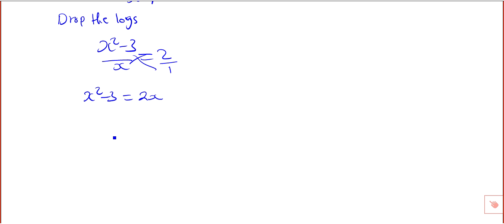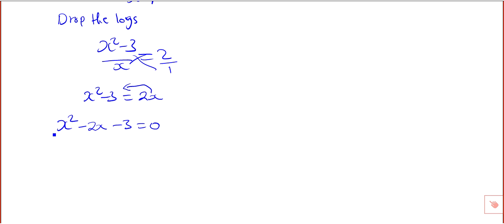I would like to collect like terms, and when you look at this one here, we are going to come up with what is called a quadratic equation, whereby if 2x crosses the equal sign, it becomes x squared minus 2x minus 3 is equal to 0. Now we shall use the factor method to solve this quadratic equation.